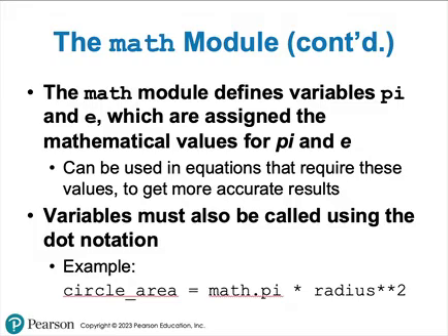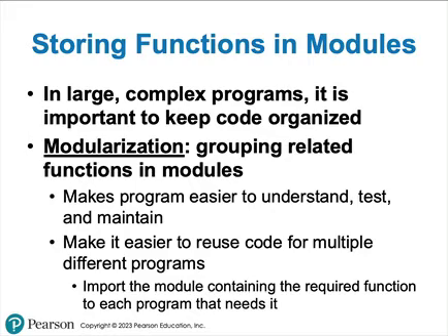So the area of a circle is pi r squared. So math.pi times radius raised to the second power is the way you could use, for example, the predefined value of pi.